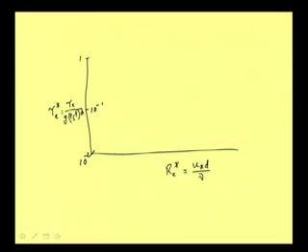On this side it is 10 to the power minus 2, then 10 to the power minus 1, then 10 to the power 0 means 1, then 10 to the power 1, 10 to the power 2, 10 to the power 3.